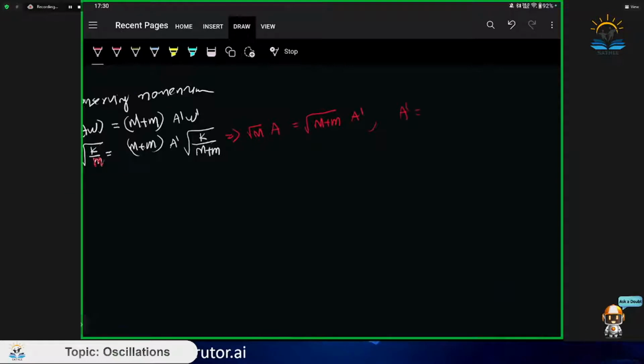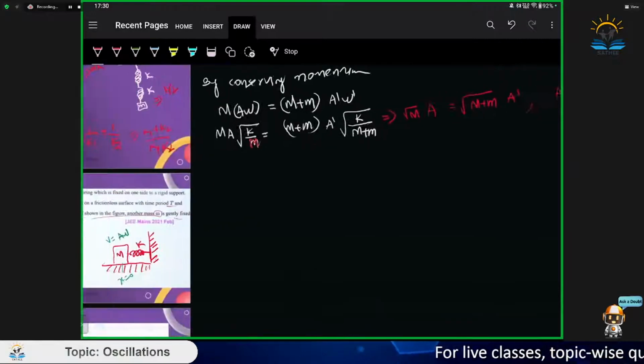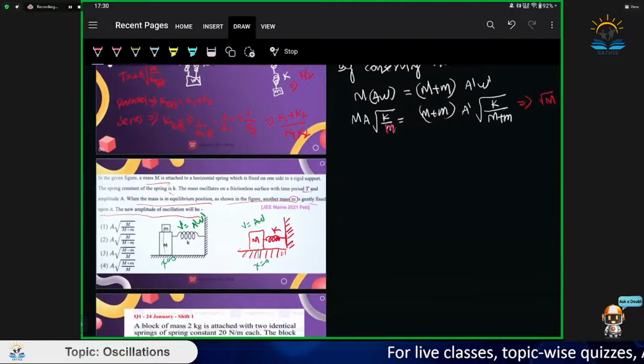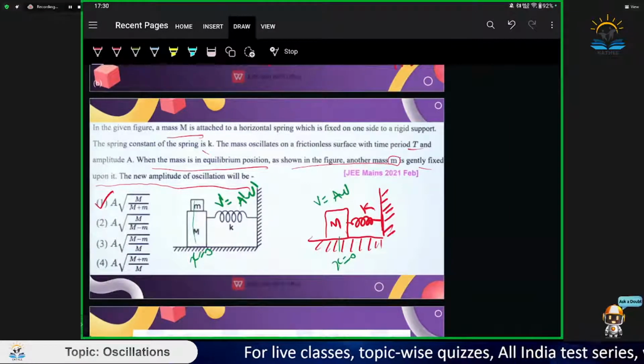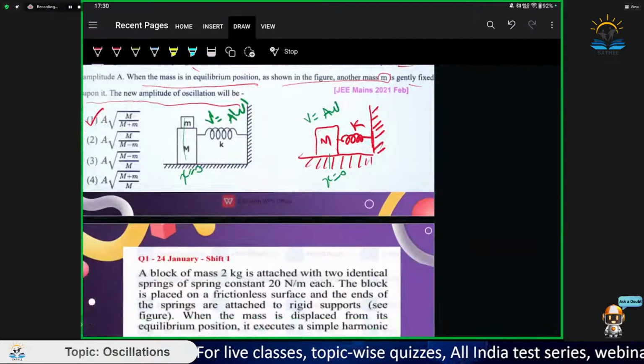So A dash will be A into root of capital M divided by capital M plus small m. So option A looks like the correct option, right? Yes, that is the correct option.